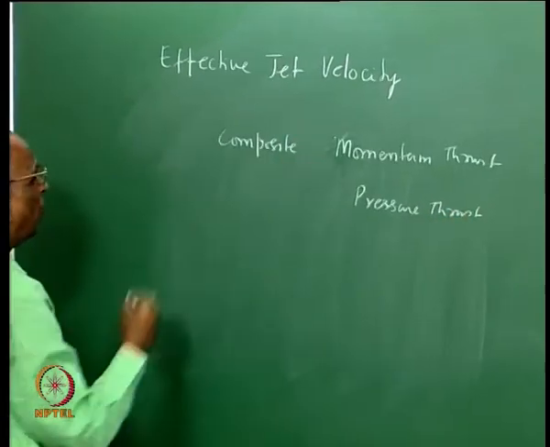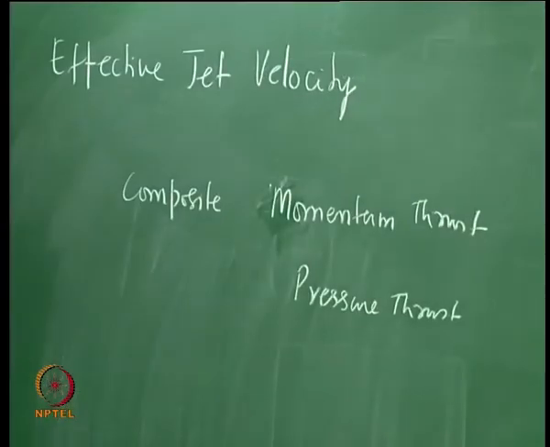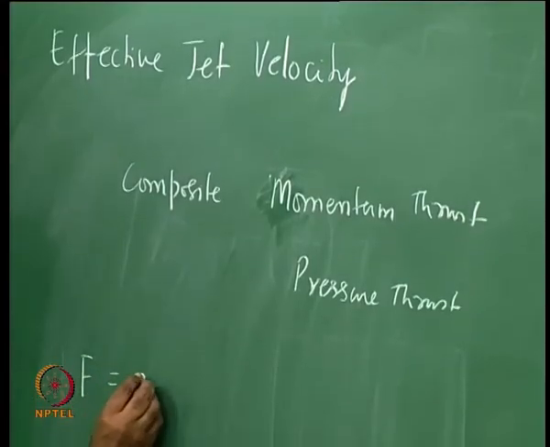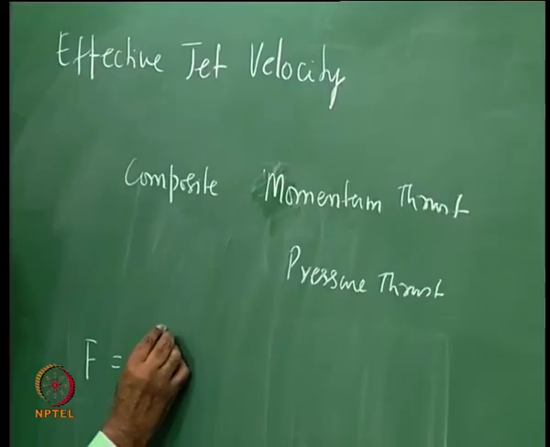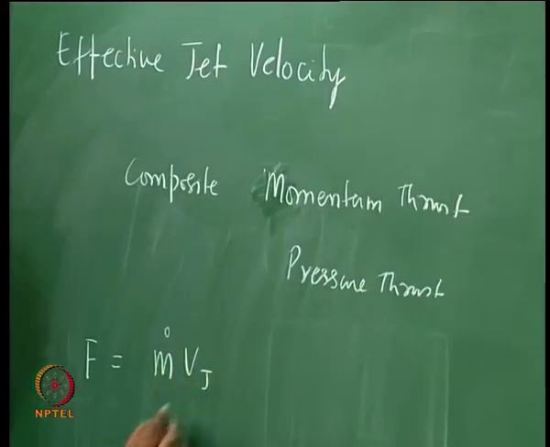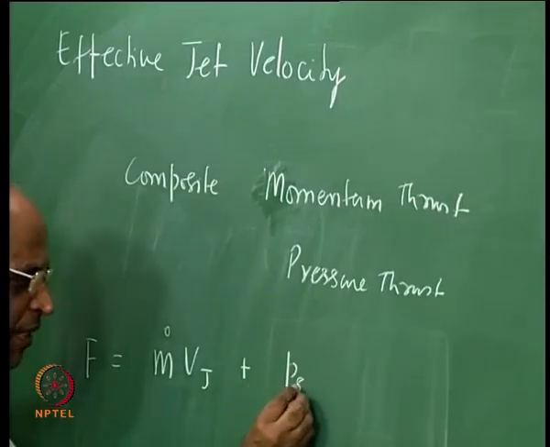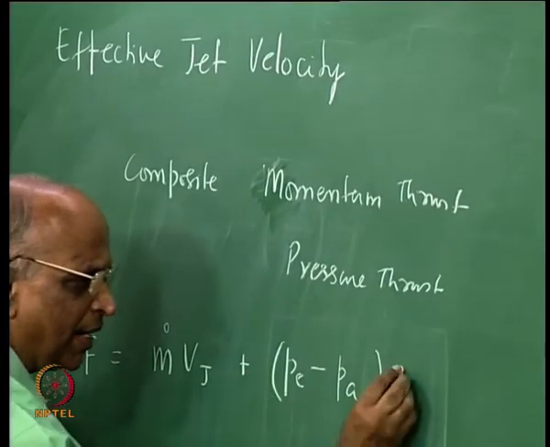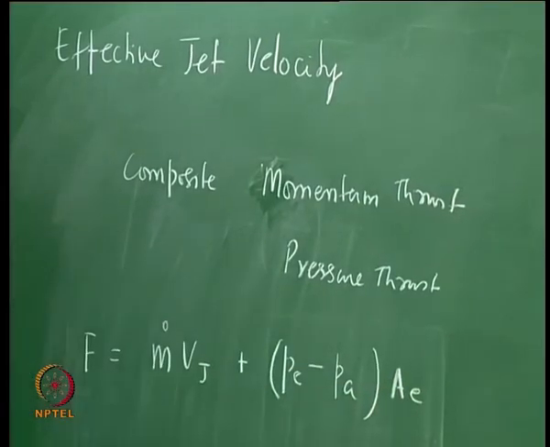Let us examine what this effective jet velocity is. Let us say that the total thrust is given by the momentum thrust, which is equal to m dot into Vj, and the pressure thrust, because at the nozzle exit the pressure Pe is greater than Pa, into Ae, this becomes the pressure thrust.